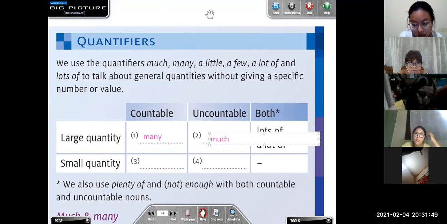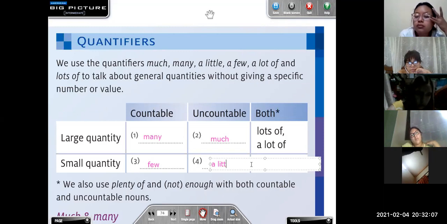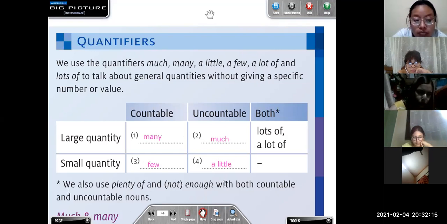Small quantity, few. Here we have a little. No solamente little, sino que tiene que decir a little. Okay? A little. Good. It says, we also use plenty of and not enough with both countable or uncountable nouns.